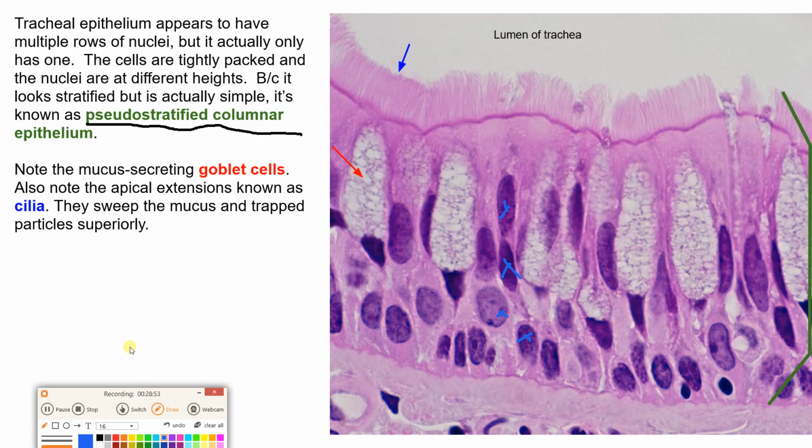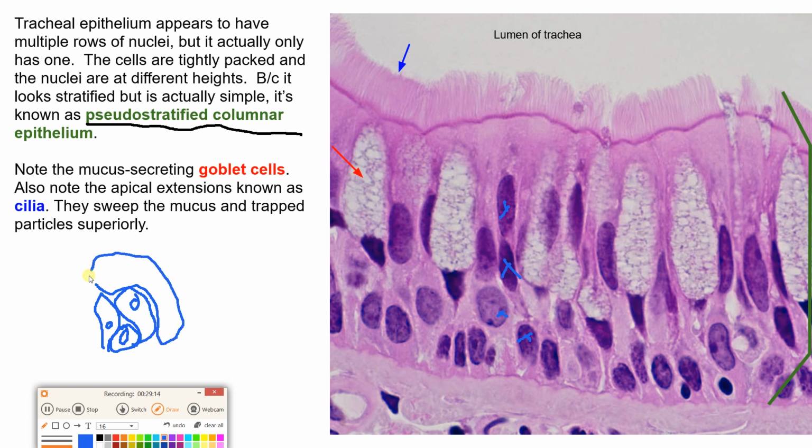not. It's actually simple. What's going on here is you've got one cell with its nucleus and then another cell next to it who's kind of leaning on it with his nucleus, and another guy who's leaning on him, and there's his nucleus, and then a really weird shaped guy.